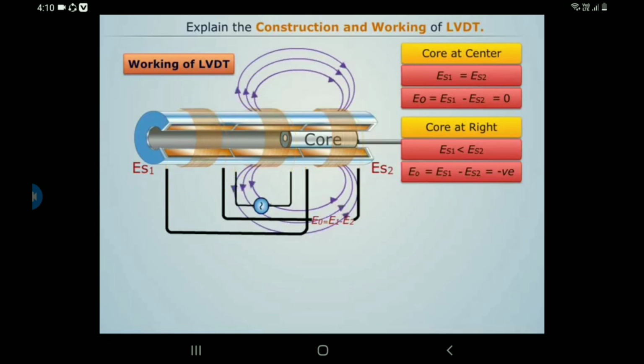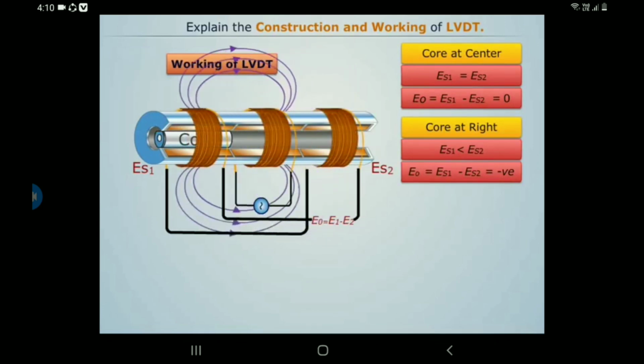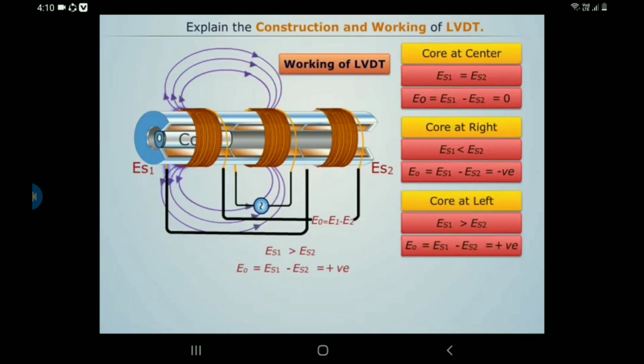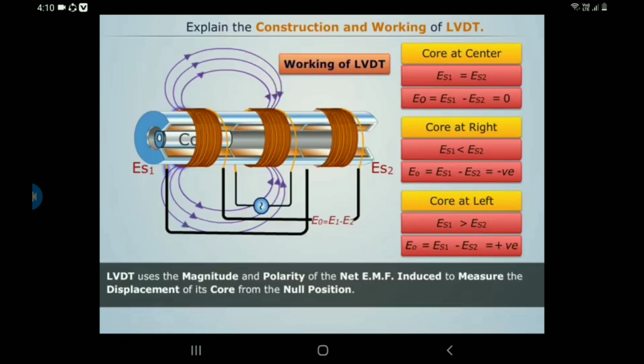Similarly, if we move the core towards the left, the flux linking with coil S1 becomes greater than the flux linking with coil S2. As a result, the EMF induced in coil S1 becomes greater than in coil S2, and the net EMF shows a positive value. Thus, LVDT uses the magnitude and polarity of the net induced EMF to measure the displacement of its core from the null position.